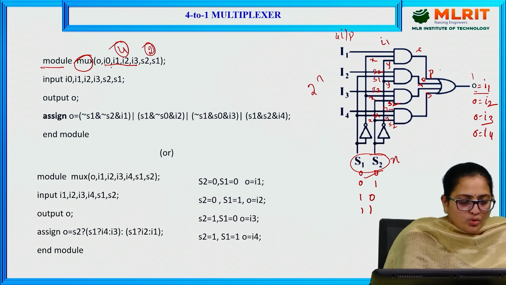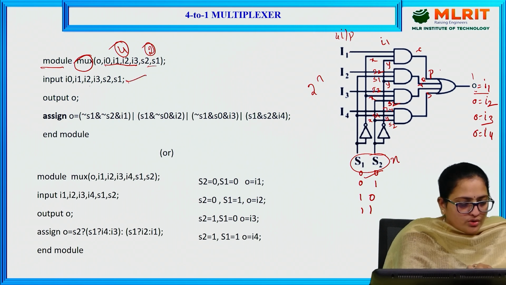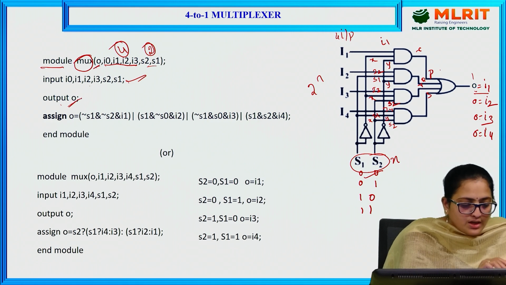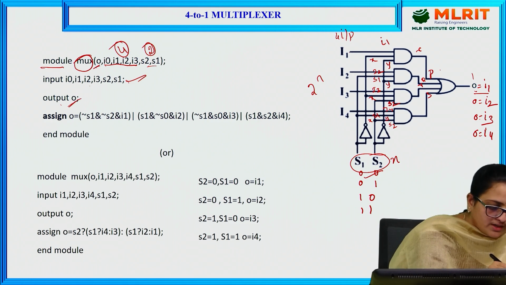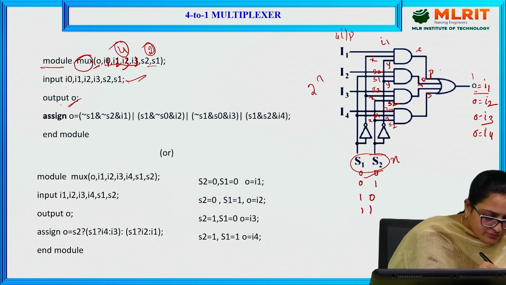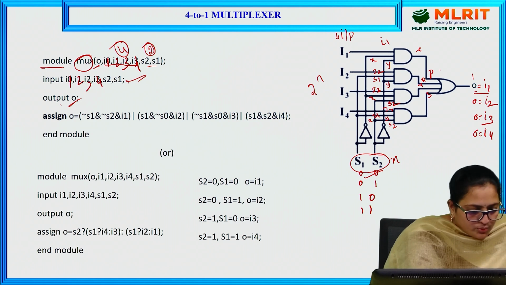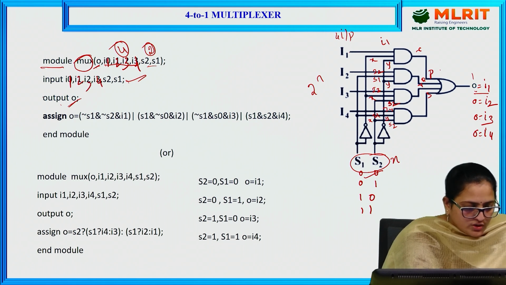The input ports are declared separately, and the output port is declared as O. To avoid confusion, I will rename them I1, I2, I3, I4 as the input ports, with S1, S2 as the selection lines, which are also input ports.